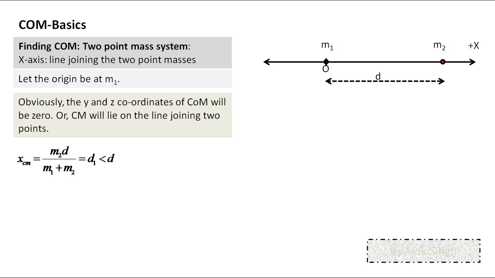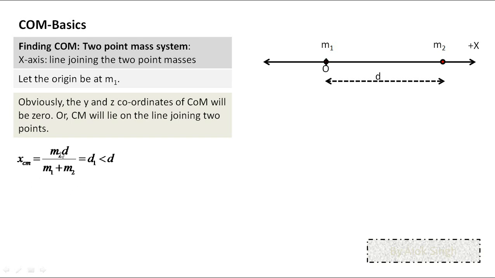So let's apply the formula. What is xcm? xcm will be the first mass into its x coordinate, which is 0, plus the second mass and its x coordinate. The distance is d, and this is the positive direction, hence the coordinate of m2 is plus d. So m2 into d divided by the sum of the masses is xcm.